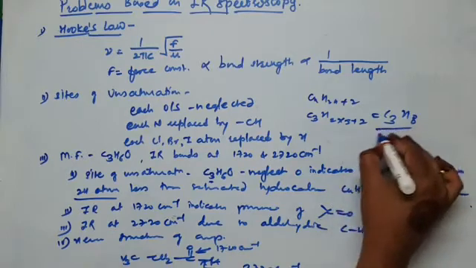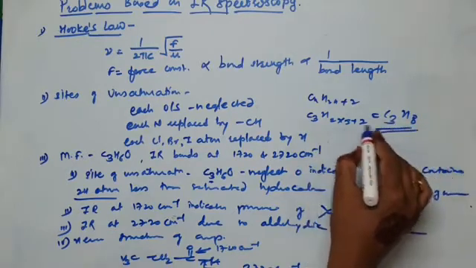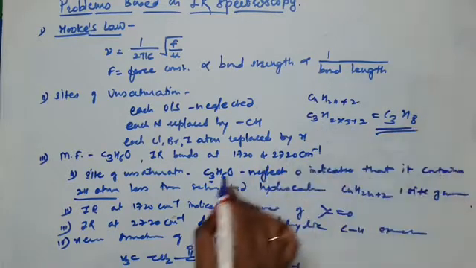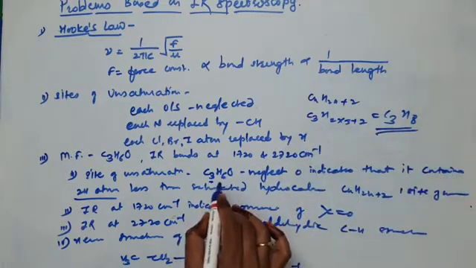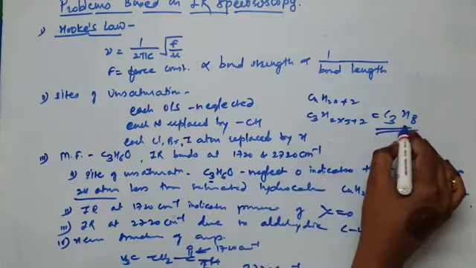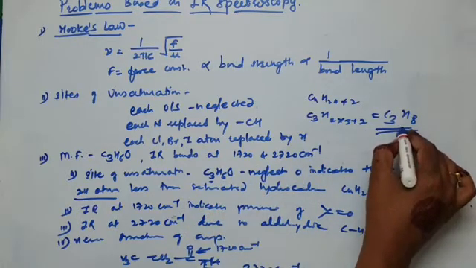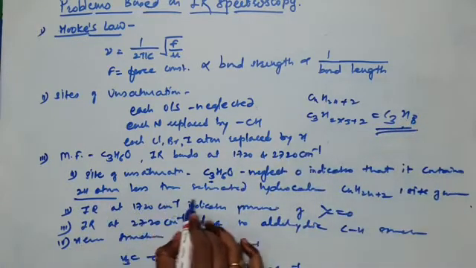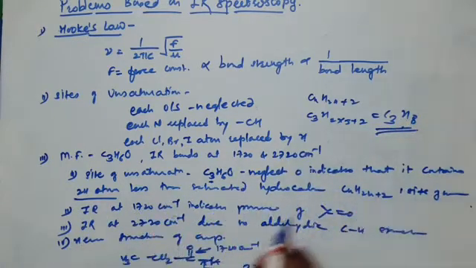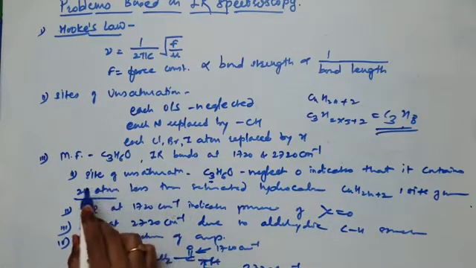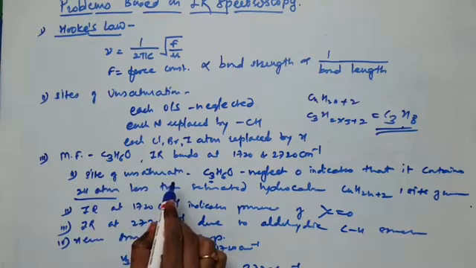So the saturated hydrocarbon with 3 carbons has the molecular formula C3H8. Here C3H6O contains 2 hydrogen atoms less than this, and 2 hydrogen atoms less means there is one site of unsaturation. So always first find out the site of unsaturation while solving the problem.